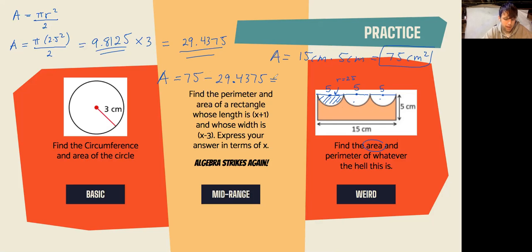Right now that doesn't matter too much, but you want to be careful not to round too much along the way as you're doing problems like this. So I have come up with an area now of 45.5625. And remember, that's centimeters squared. So that is the area that we're looking for of this figure in here.